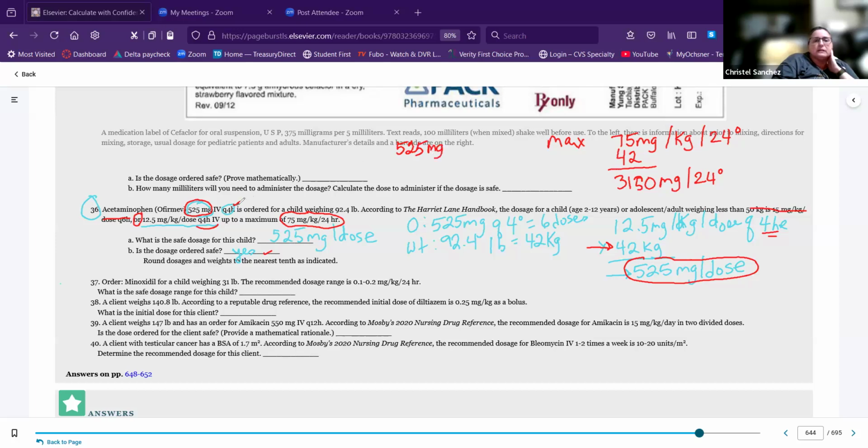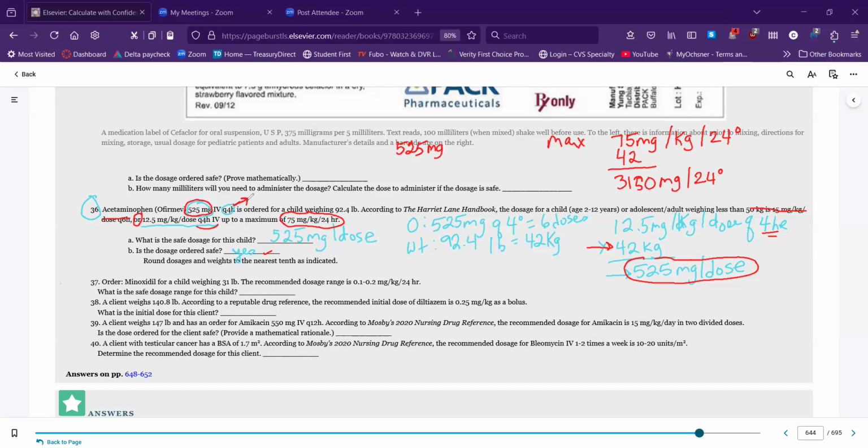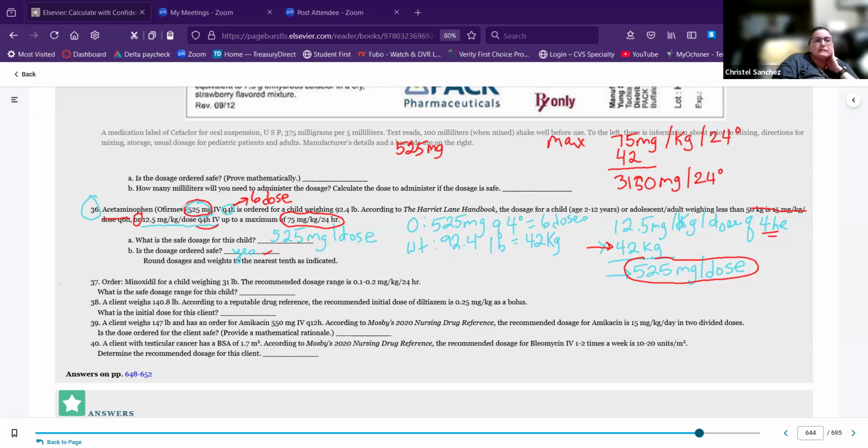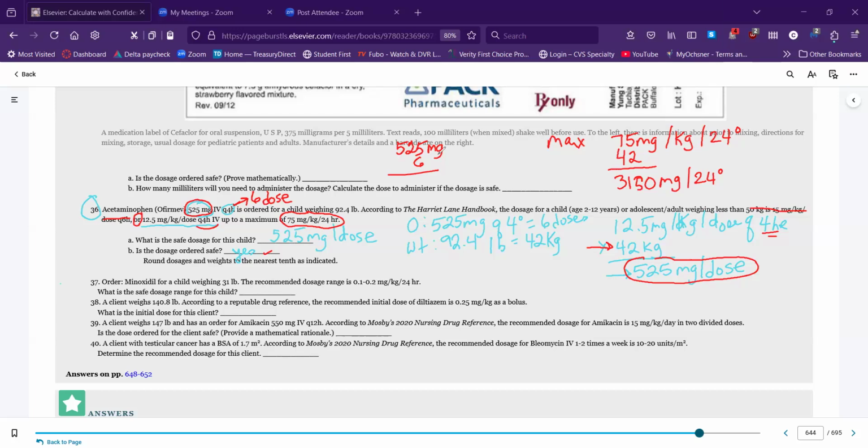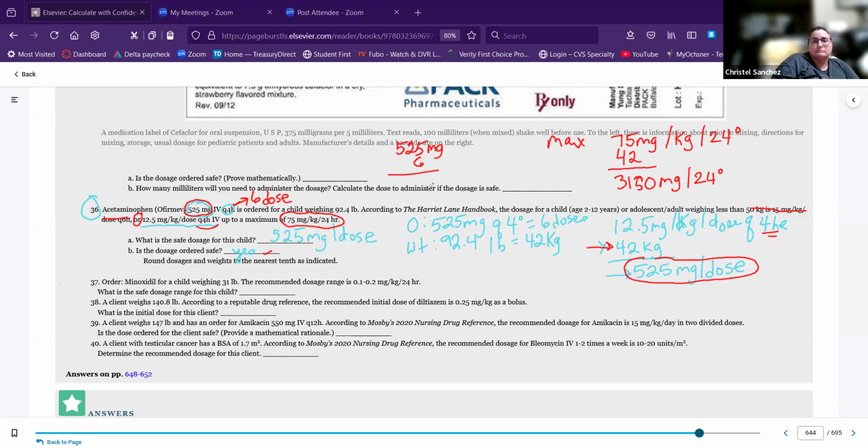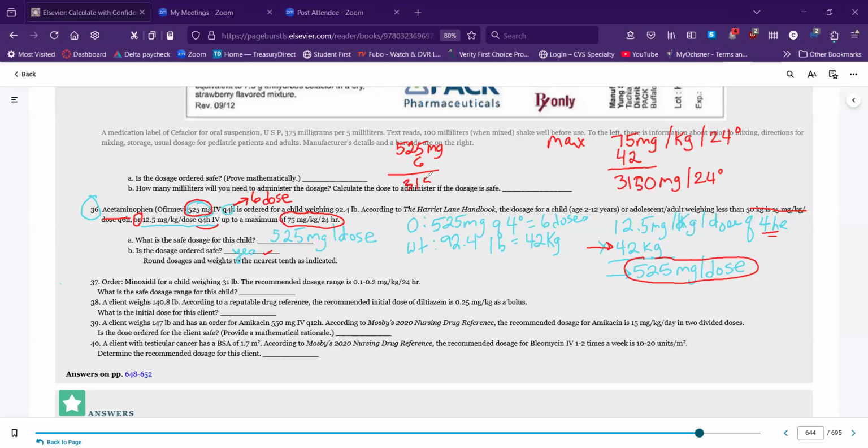How many doses are they getting? If it's Q4, how many doses is that? 6. Okay. So what I'm trying to find out is if this patient gets this every 4 hours around the clock, are they going to fall within this max? Okay. So they're getting 525 times 6 doses. How much is that going to give me? 3150. All right. So am I safe? Yes. Okay.